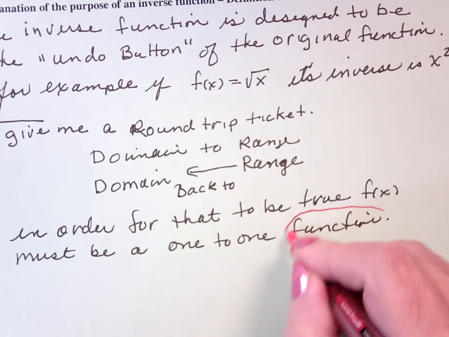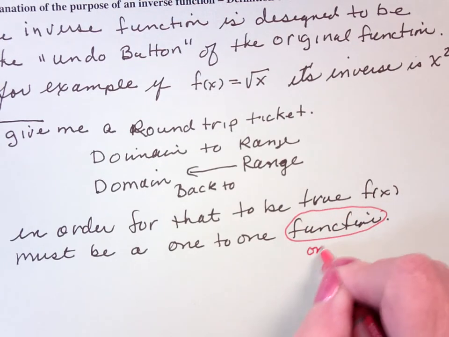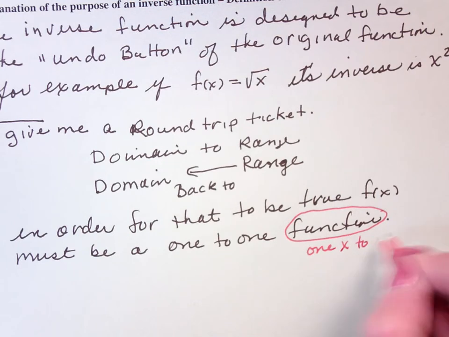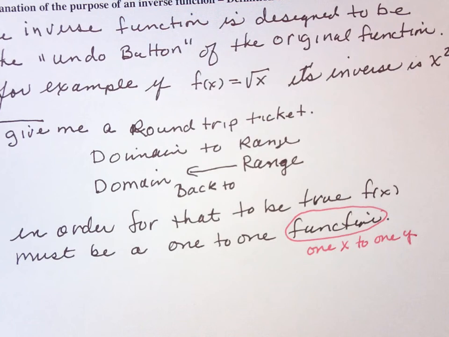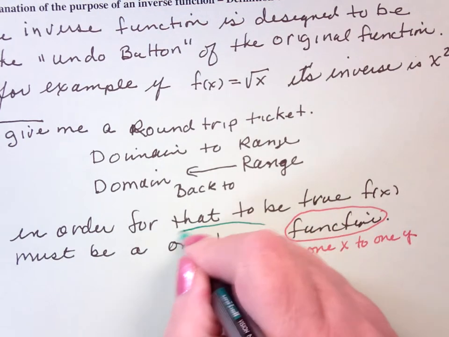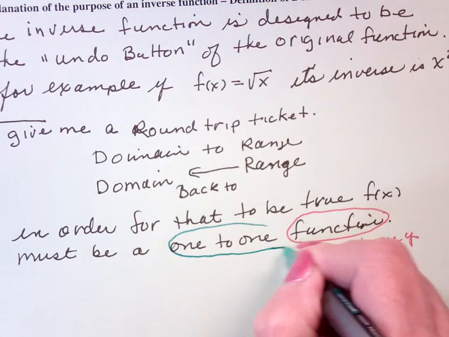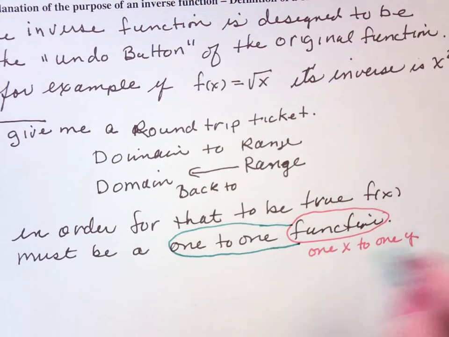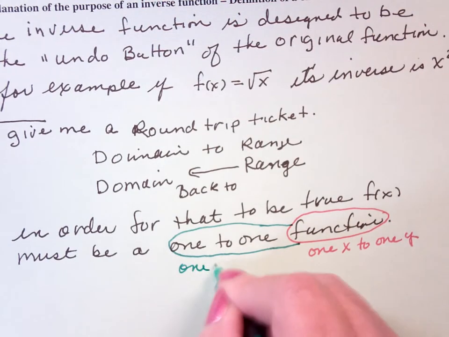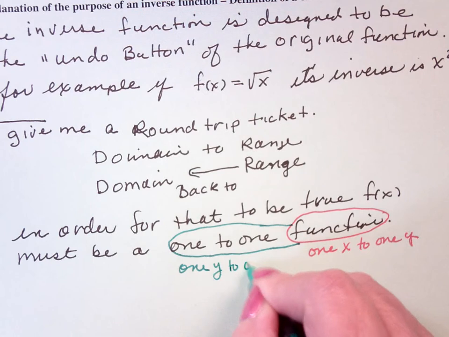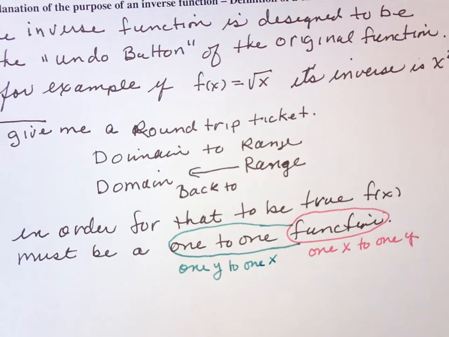A function is 1x to 1y. A 1-to-1 function adds 1y to 1x.